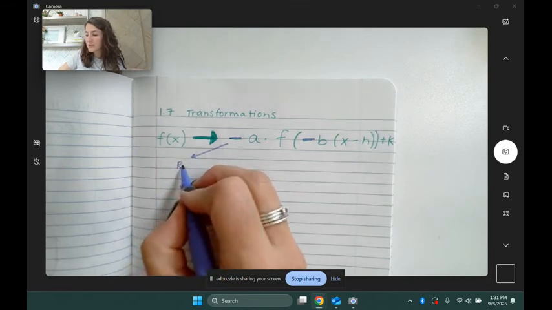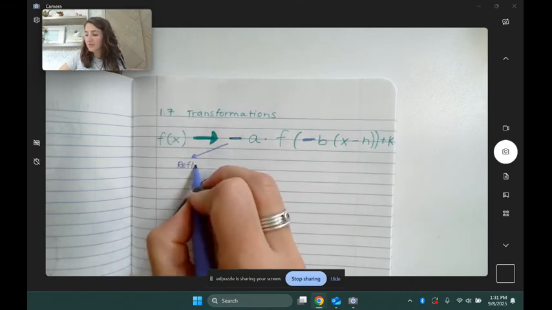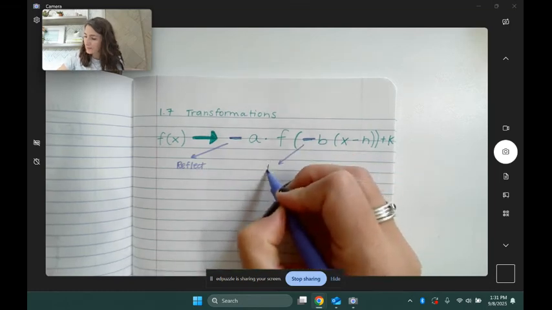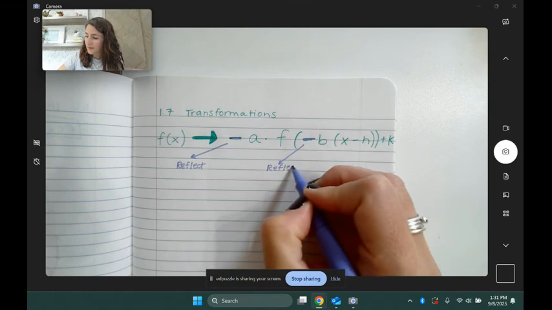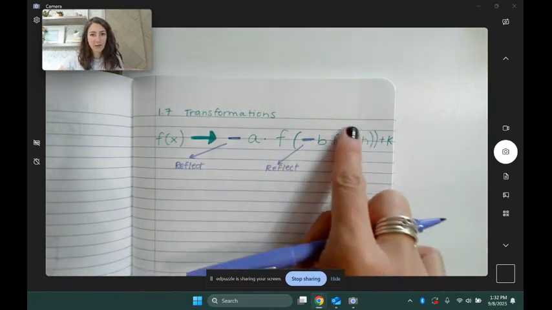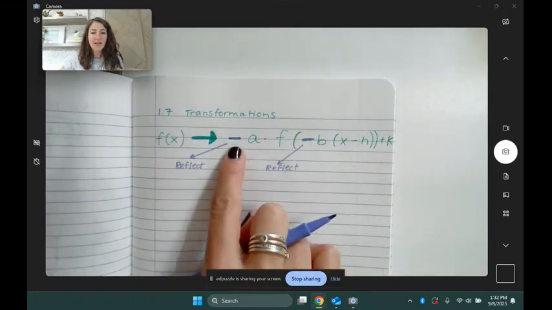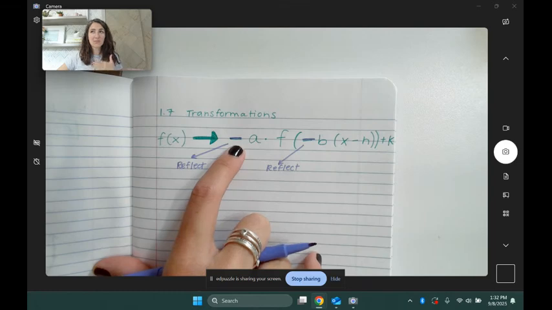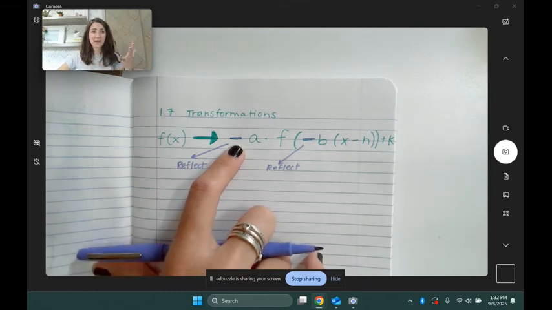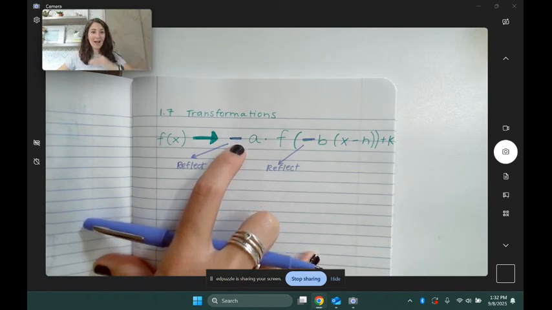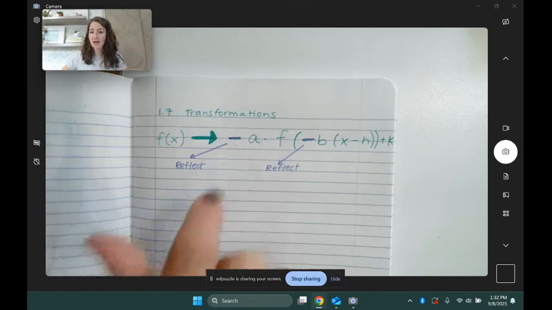These are both reflections. So this is going to take my function and reflect it. But because this is outside of the function, outside of the f of x, it's going to affect my y values because it's happening outside of the function. So if it affects the y values, it's going to be reflecting over the x-axis.